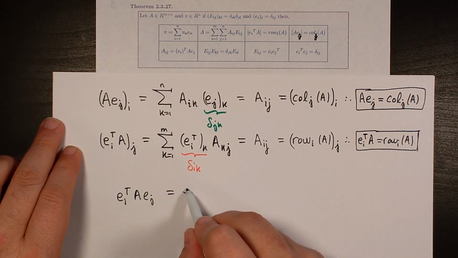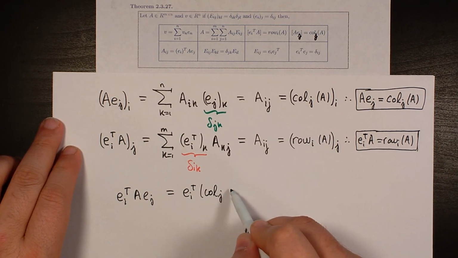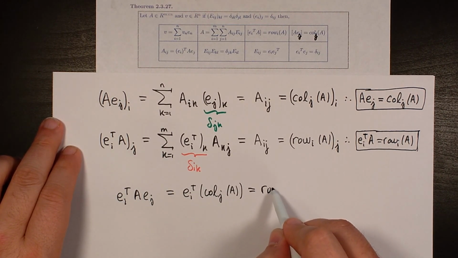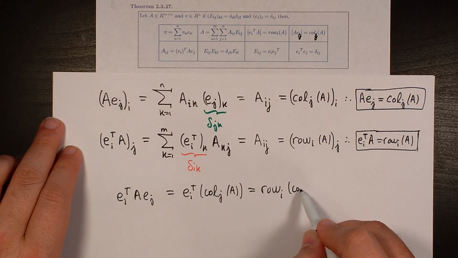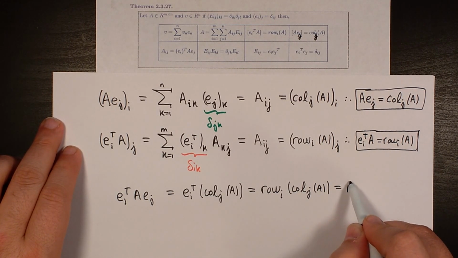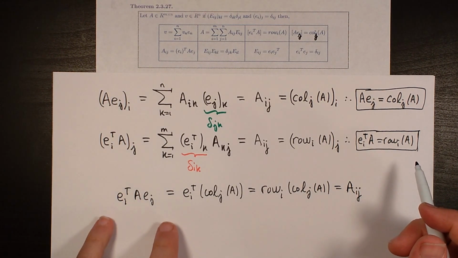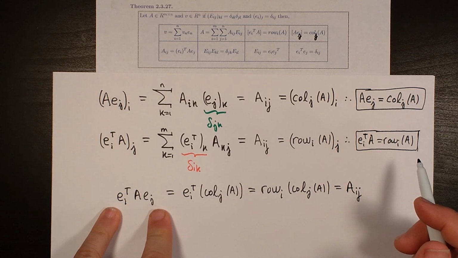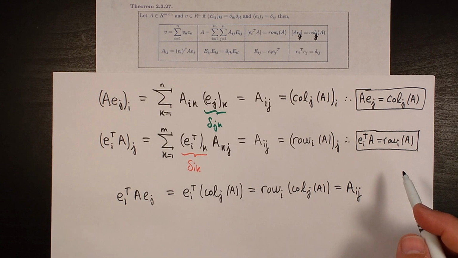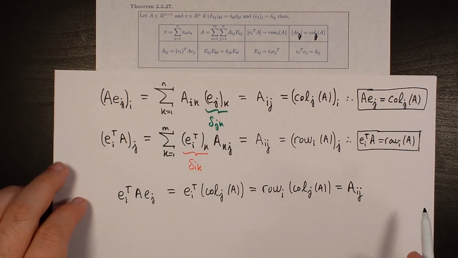Well, that's E_i transpose times the jth column of A. But that's the ith component of the jth column of A, which is just A_ij. So once you know this row and column thing, if we do this kind of sandwich multiplication by the ith row vector and the jth standard column vector, we can pick off the ijth component. This is also true for rectangular matrices. I'm going to stick to the square case just so that it's easier to think through.